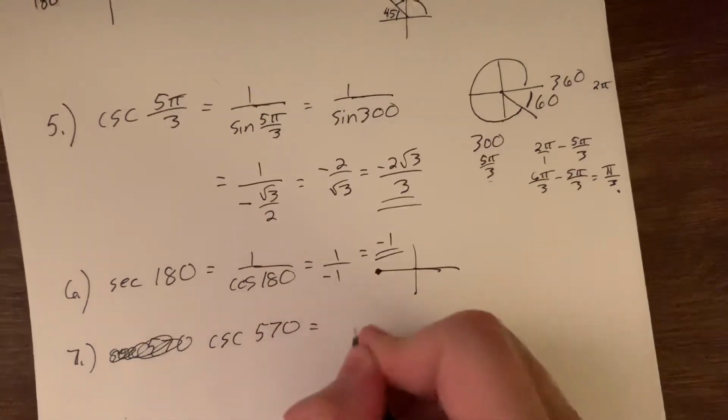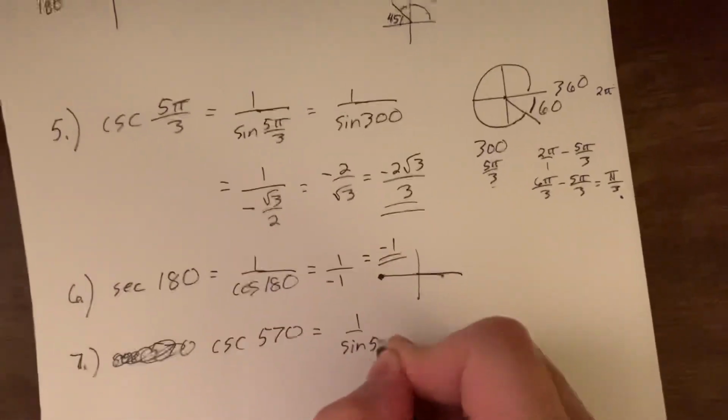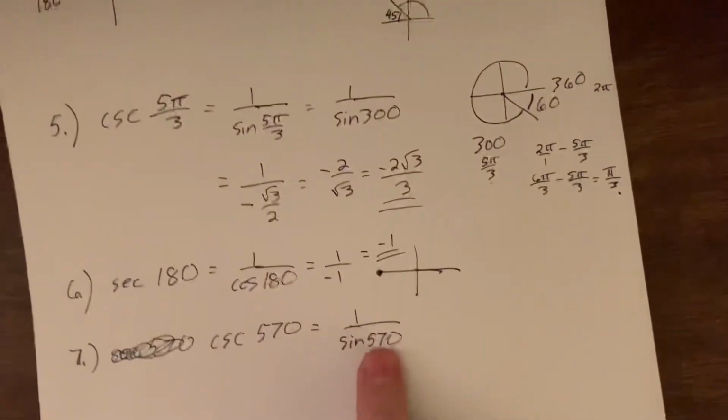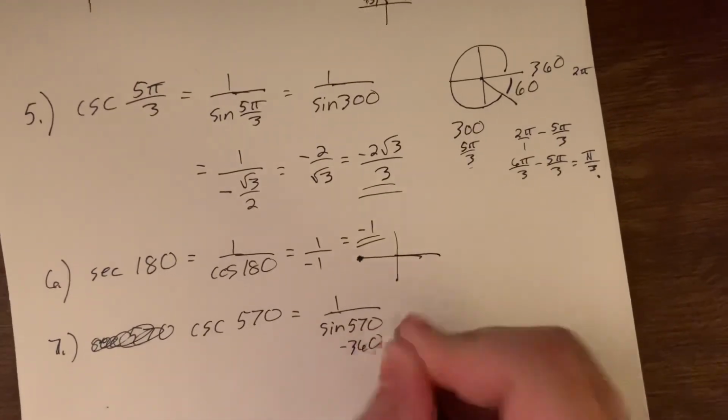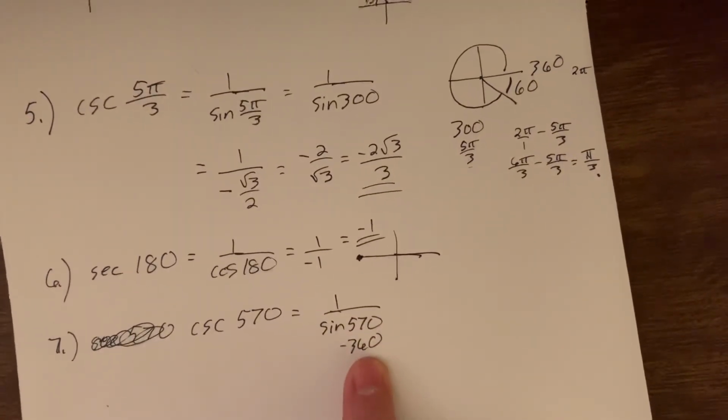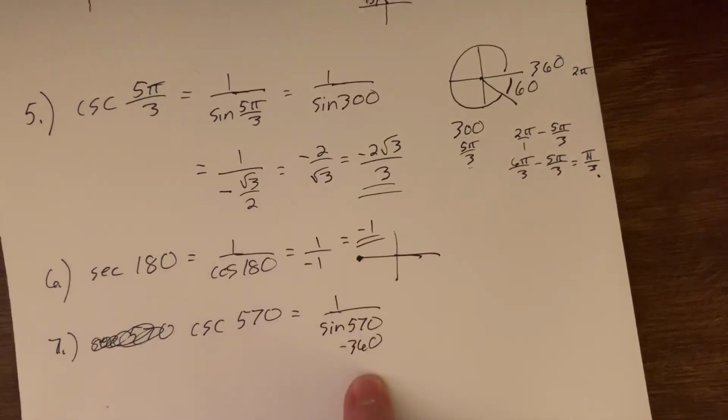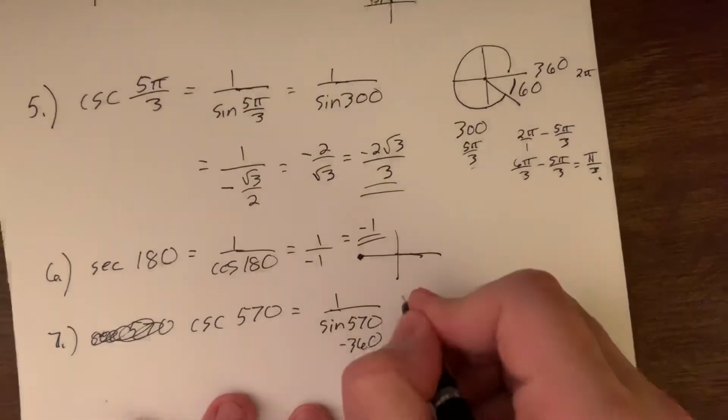Well, cosecant is 1 over sine, but 570 is too big. So I'm going to use a coterminal angle. I'm going to subtract 360 so I can figure out what quadrant I really am in and what my reference angle is.